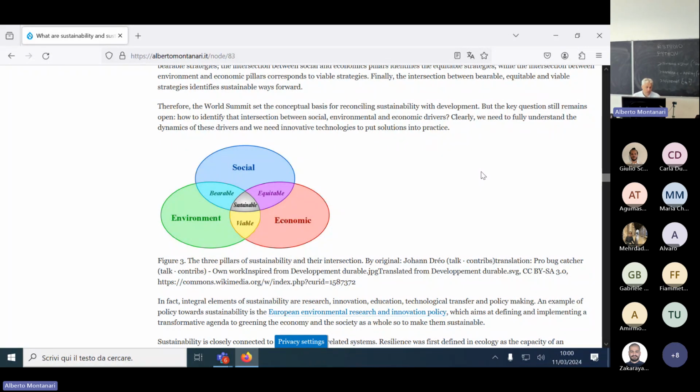The intersection between what is environmentally sustainable and socially sustainable is the bearable, and the intersection between social sustainability and economic sustainability identifies the area of the equitable. The sustainable area is given by the crossing of the three components: environmental dynamics, social dynamics, and economic dynamics.